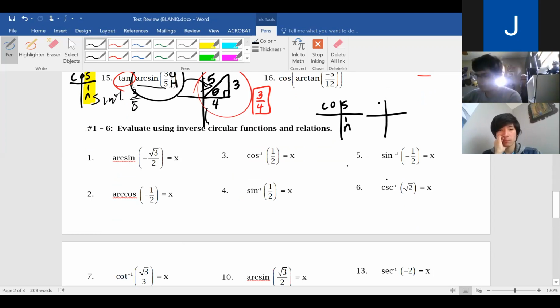You have cotangent and tangent, and you have secant and cosecant go this way.